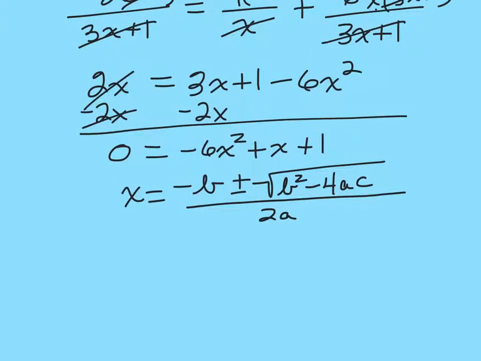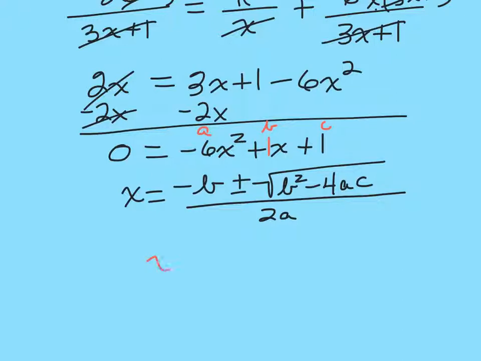Okay, ladies and gentlemen, so do you see that the a is negative 6? The b is this 1 right here that's on the x, and the c is also 1. So let's substitute in to our formula then.